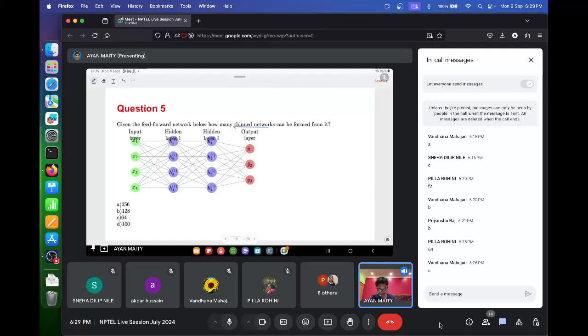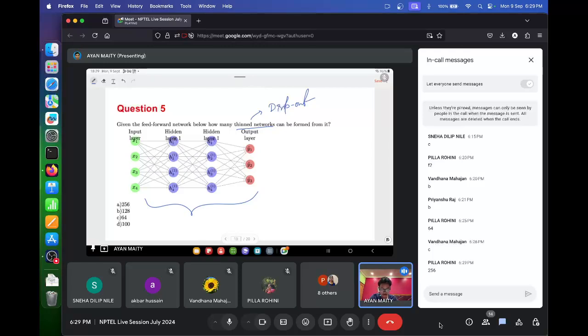So a thin network basically means the neural network that results from dropout. So this is the original neural network, and if we use dropout in this network, then the resulting network is called a thin network, because the number of units becomes lesser.